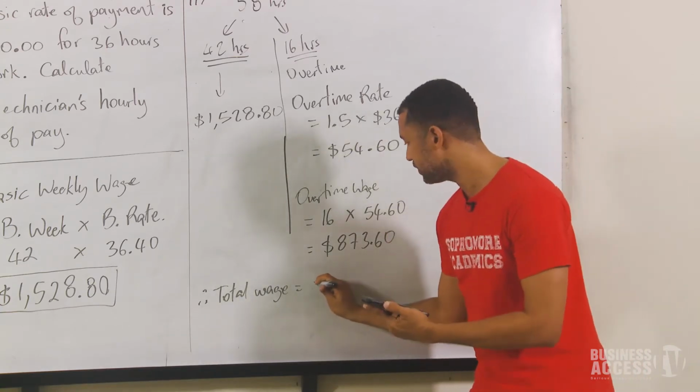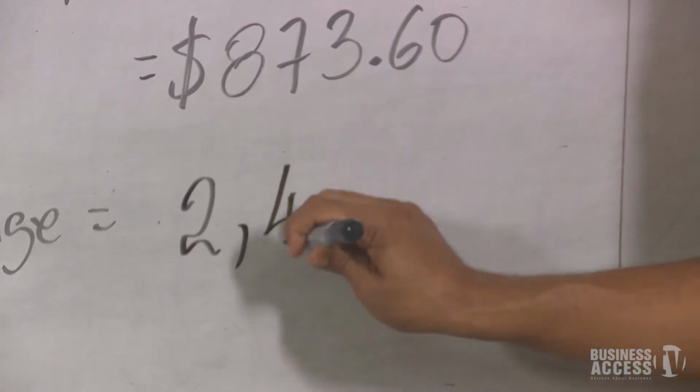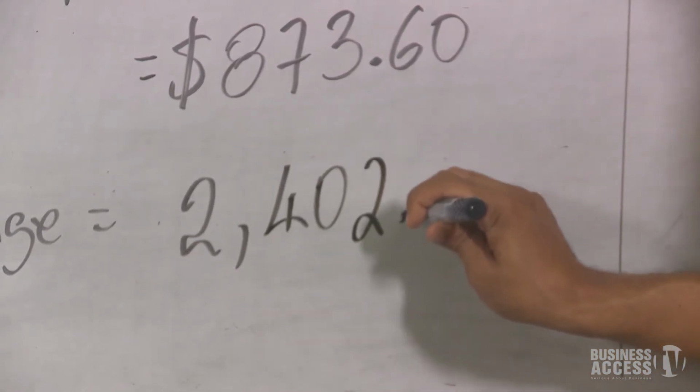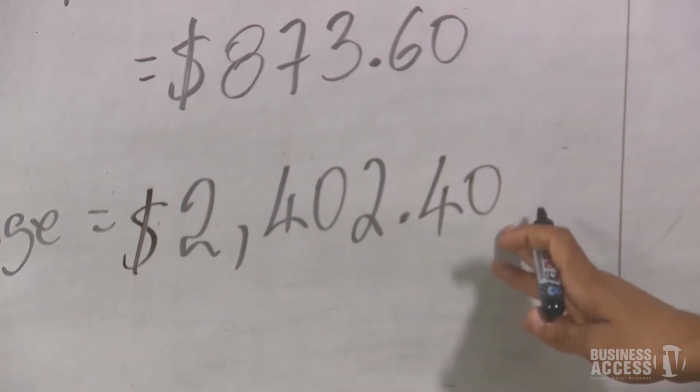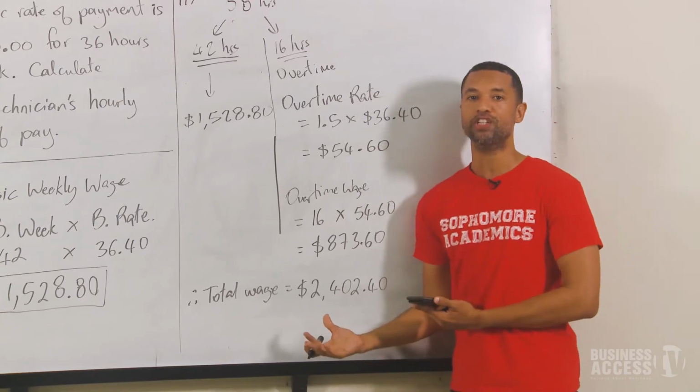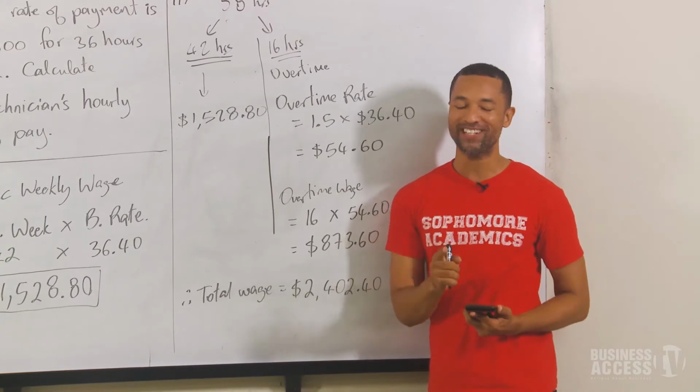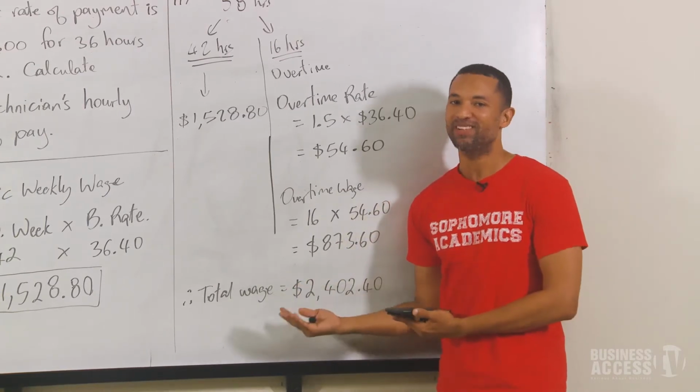Guys, my calculator is telling me $2,402.40. So guys, you see the approach. I am sure many of you got it right. If you didn't get it correct, no problem, you're learning.